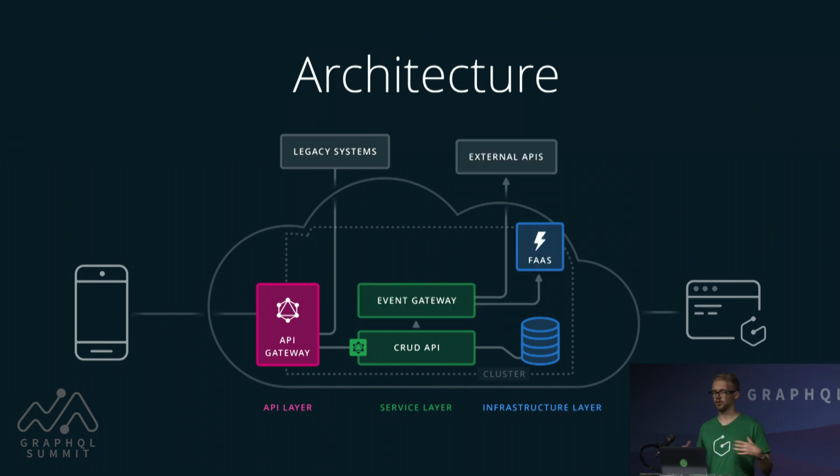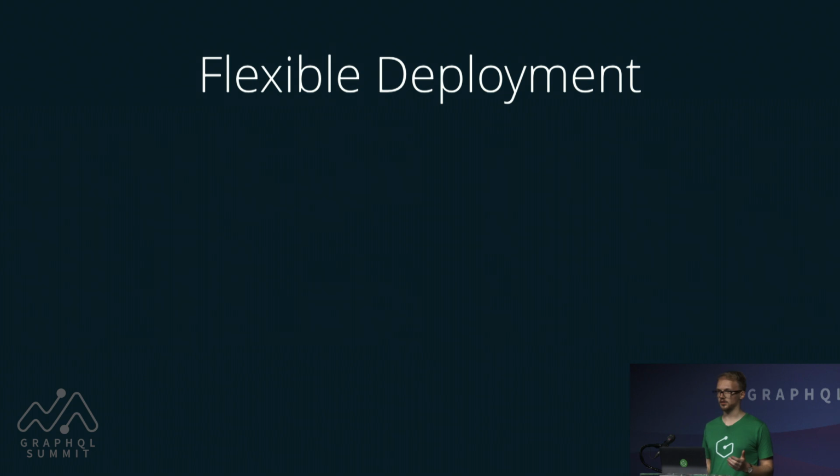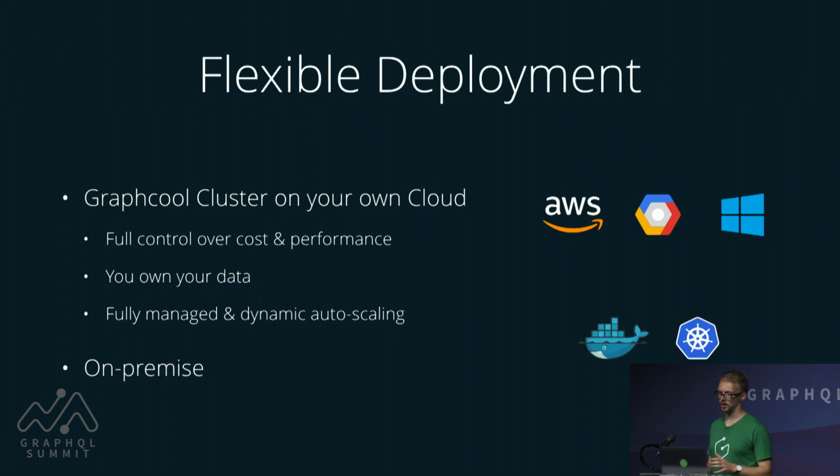This event gateway combines it with functions as a service like AWS Lambda and makes it easy to integrate with external APIs. And based on the event gateway, this also feeds a subscription API. This entire architecture can be deployed either on your own cloud or on-premise using Docker and Kubernetes.